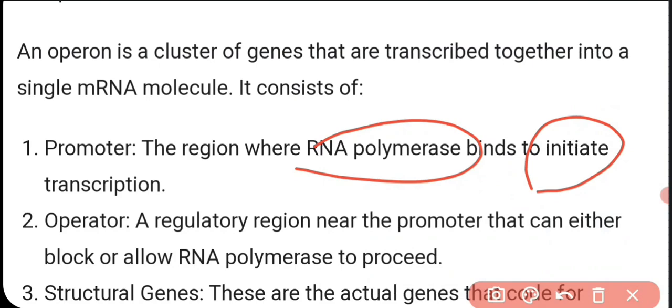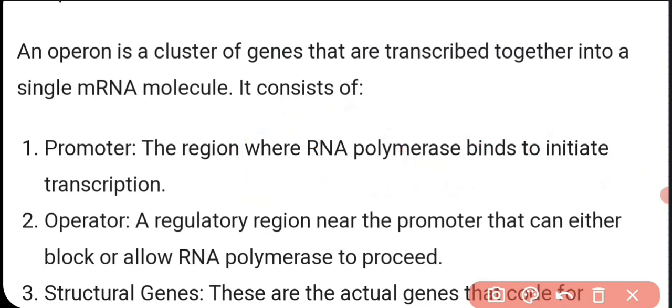If RNA polymerase binds, that means mRNA will be generated from the DNA as a transcript, and the process is called transcription, and this transcript will be translated to proteins. Then the operator, a regulatory region. It's a regulatory region near the promoter that can either block or allow RNA polymerase to proceed.